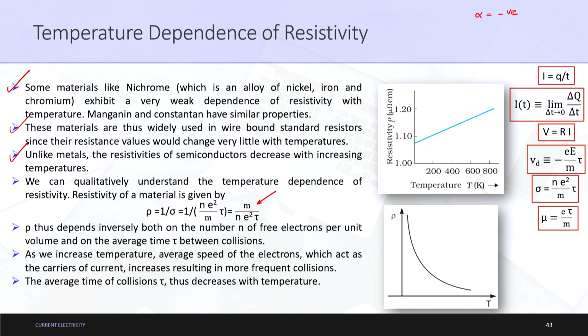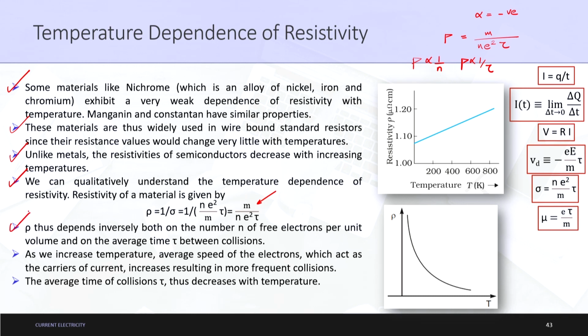As you can see from this formula, rho is inversely proportional to n and rho is inversely proportional to tau. So, rho thus depends inversely both on the number n of free electrons per unit volume and on the average time tau between collisions.